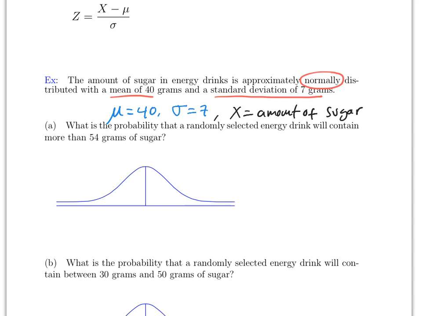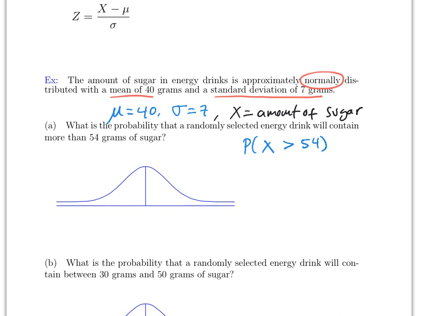So what is the question really asking? Look to the question. What does it say? What is the probability that X is greater or less? Greater than what? 54. Okay? So the first thing you have to do is use the formula to change to standard.